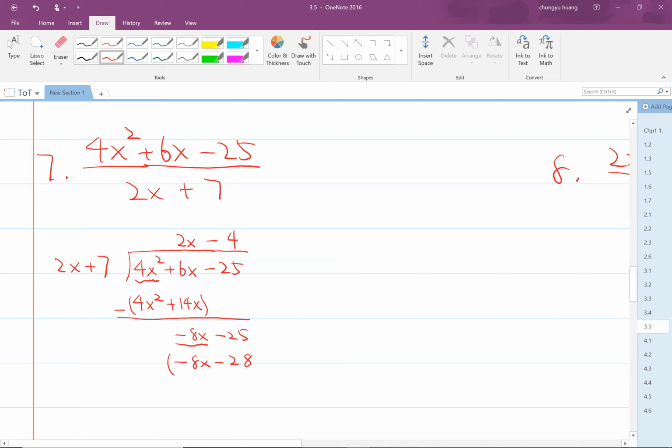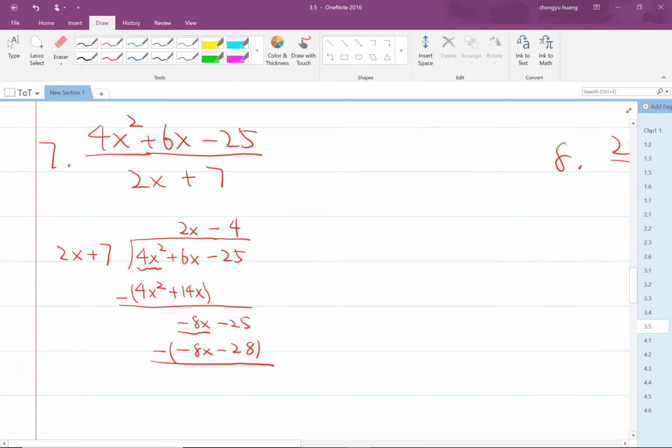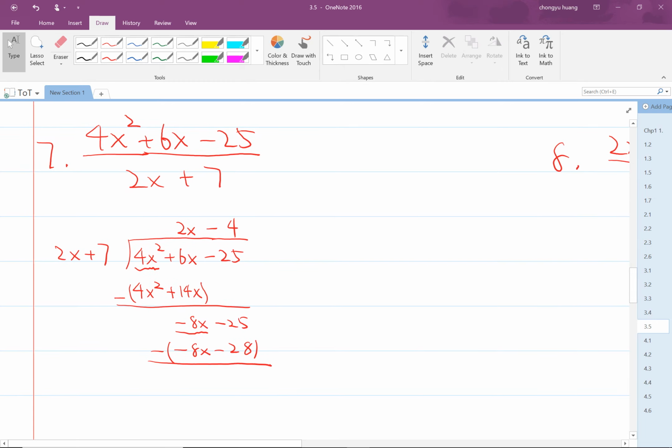And further on, we want to cancel those terms. So what you can see over here is negative 8x plus 8x equals 0, right?